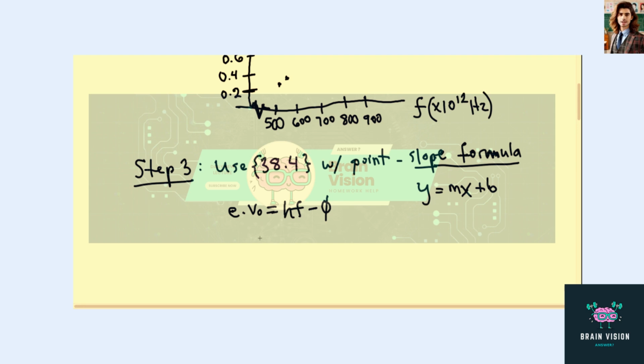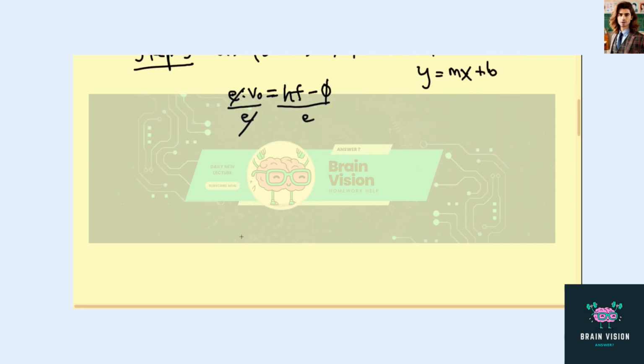And to do that, we just divide by e on both sides, which is the charge of an electron, by the way. e cancels on that side, and you're left with V0 equal to h over e times f minus the work function over e.